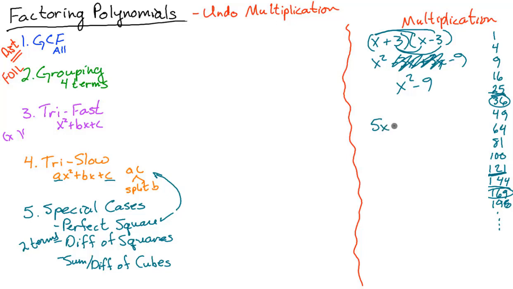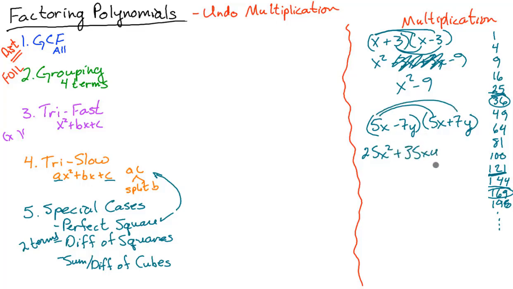If we had 5x minus 7y and a 5x plus a 7y, they end up being 25x squared plus 35xy minus 35xy minus 49y squared. And what happens to the middle terms? They add to 0. They're exactly the same but opposites of each other. 25x squared minus 49y squared.